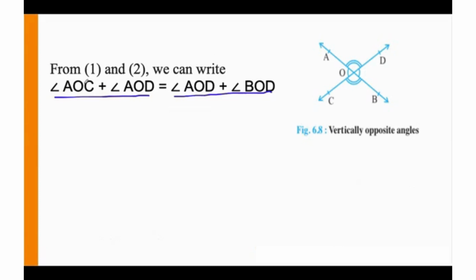Now, remember the statement that we need to prove is angle AOC should be equal to angle BOD. So we need to prove that AOC is equal to BOD here. So we need to remove AOD from both sides.